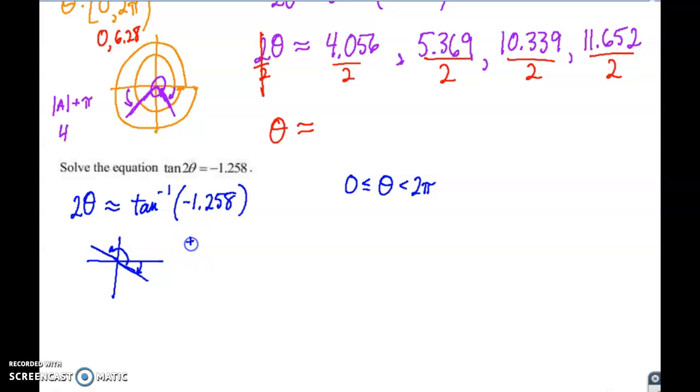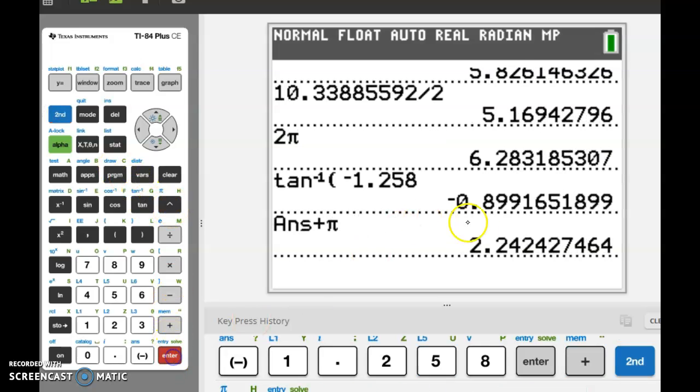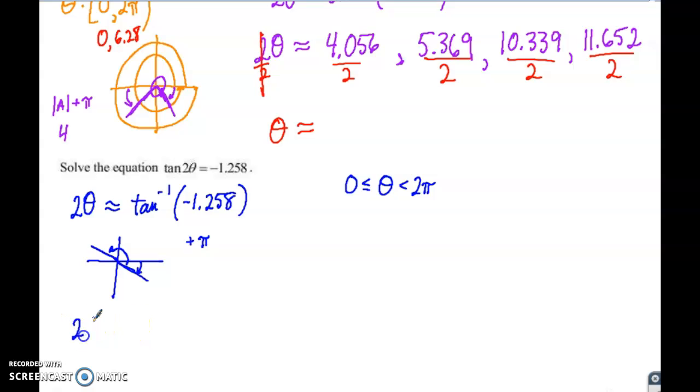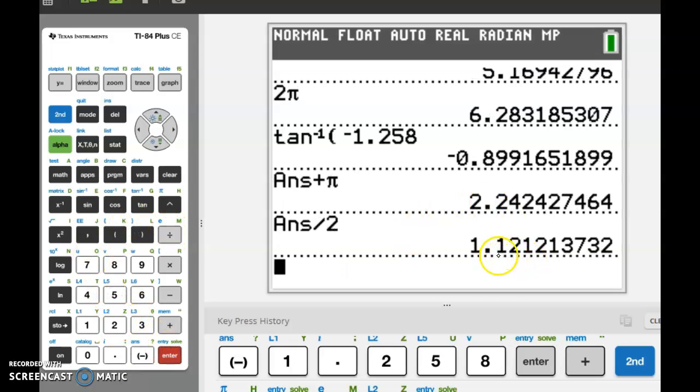So the first thing I'm going to do is add pi to that value. You get 2.242, so 2 theta is about 2.242. And then when you divide by 2, you'll get theta. Remember, I like to round to 3 decimals, but it's 1.121.